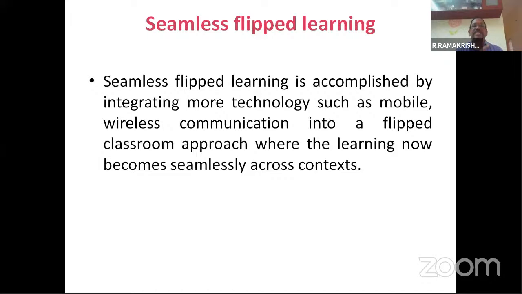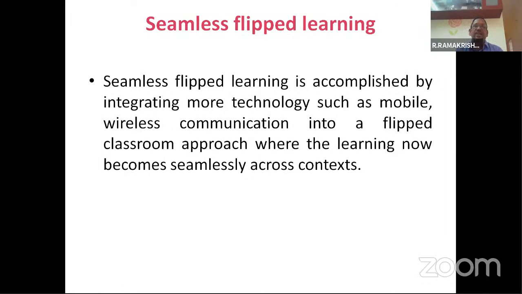In the previous case, flipped learning, that is somewhat limited. The materials are provided by the staff in electronic form, that is video-based form, video, audio, like that. Students may or may not access the internet for getting supplementary material in flipped learning.